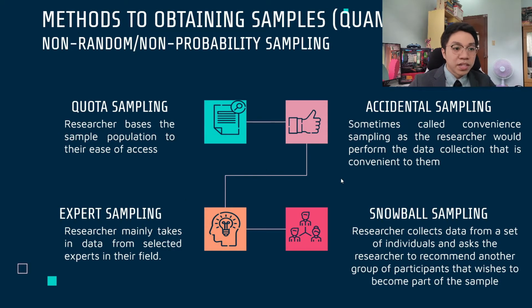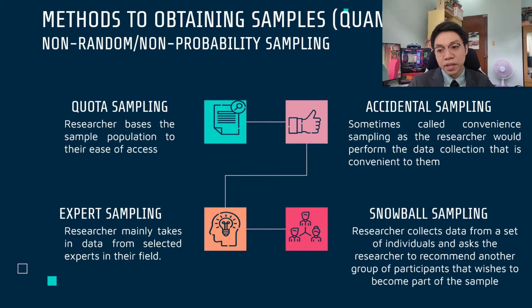So for the non-random, non-probability sampling, the first one is quota sampling. So the researcher simply bases the sample population on their ease of access. Simple as that. Accidental sampling, on the other hand, is also called convenience sampling, where the researcher performs the data collection that is convenient to them.